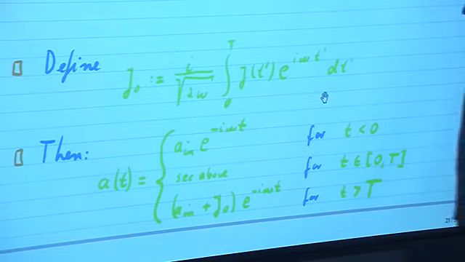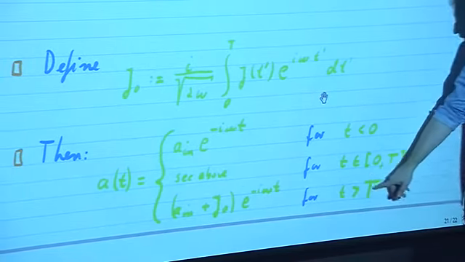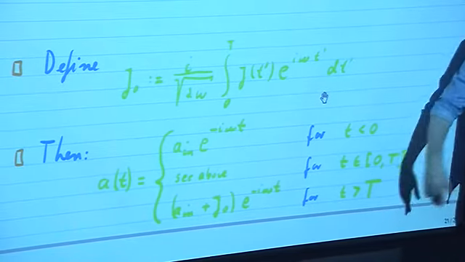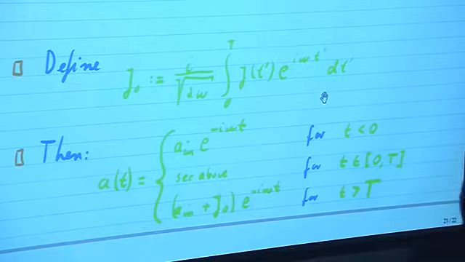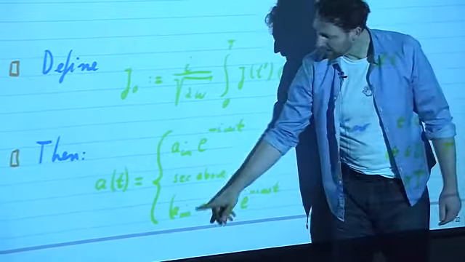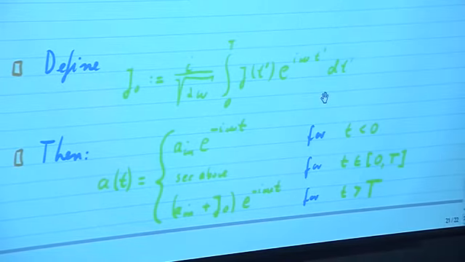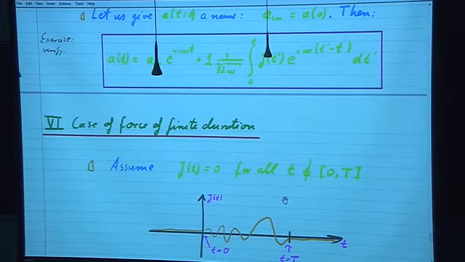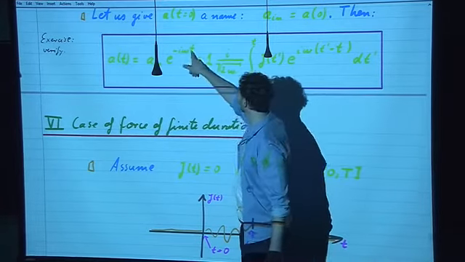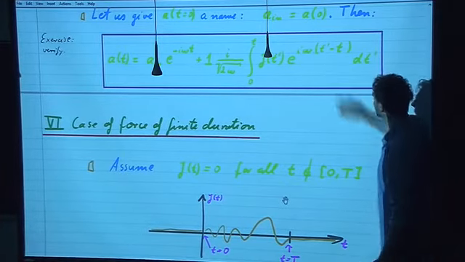Then at late times, so when the time t is larger than capital T, so when the driving is already over, then our A of t is simply given by the A in plus J0 times e to the power minus i omega t. That's just another way of writing this thing conveniently. See, this factor here, e to the power minus i omega t, occurs also in here.